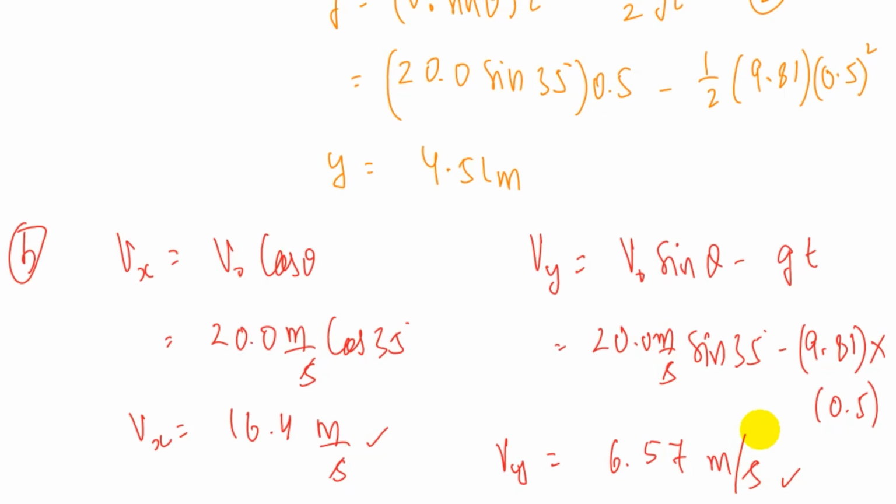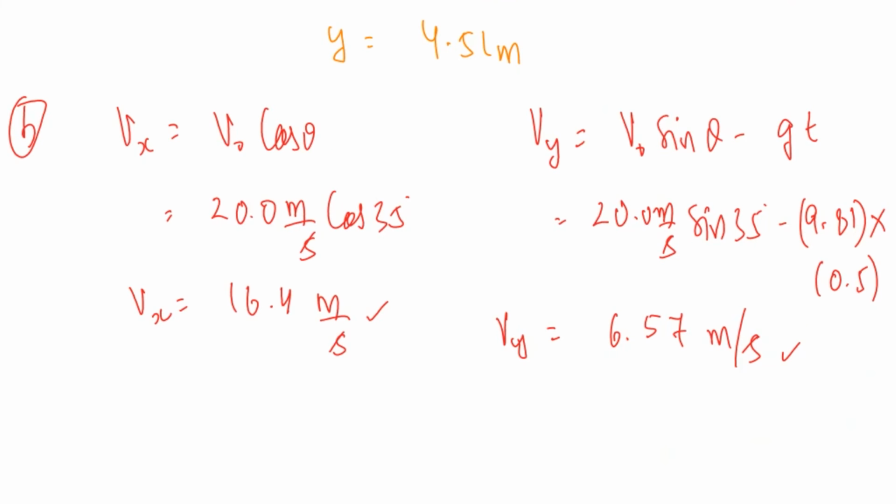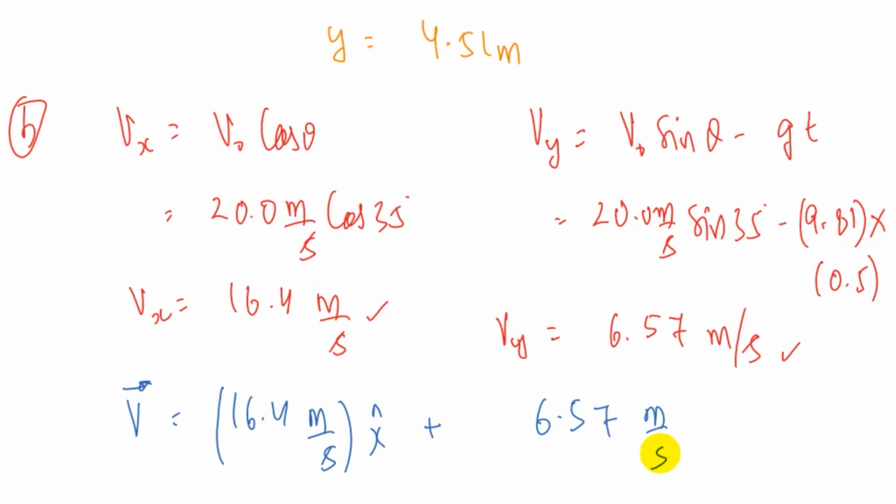Similarly, this is the speed of the projectile in the y direction at time t equals 0.5 seconds. Now we can represent it in the vector form. So the velocity vector will be equal to the x component, which is 16.4 meter per second, and the unit vector is x cap, plus 6.57 meter per second, and the unit vector is y cap. So this is a vector representation of the velocity.